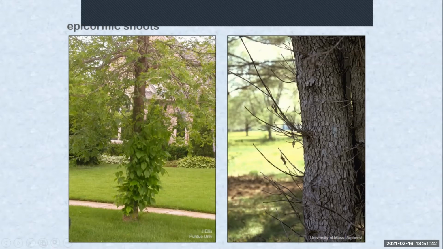And you can tell an epicormic shoot from just a normal shoot because they are small diameter attached to a very large diameter trunk or branch. So very small diameter twigs attached to a very large diameter trunk usually means it's an epicormic shoot or sprout. And they usually are quite long and grow a great deal in one season.